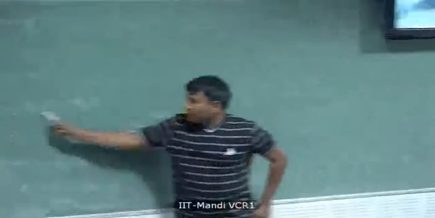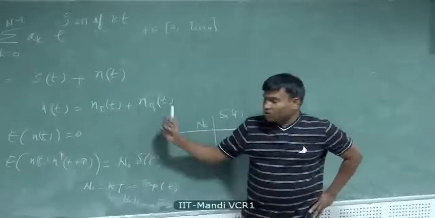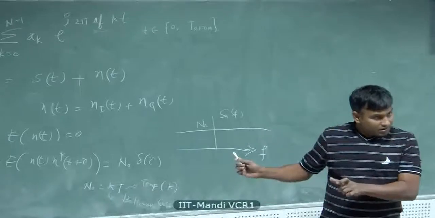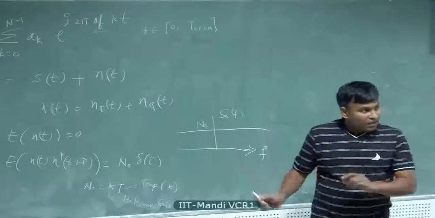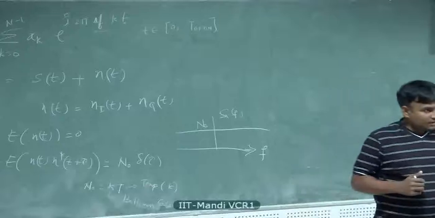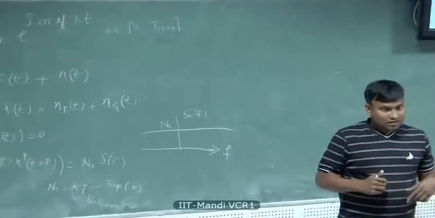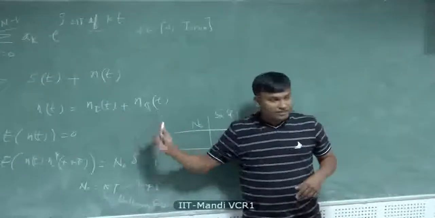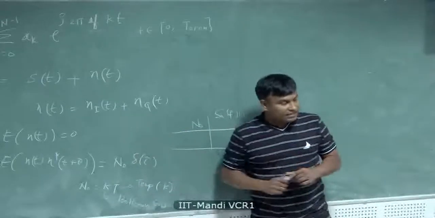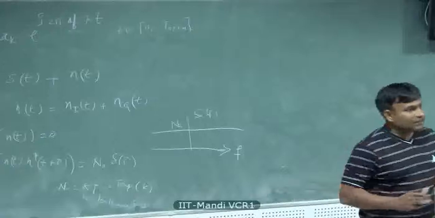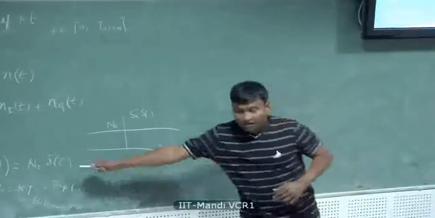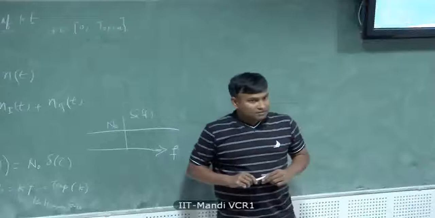Well, Ni of t and Nq of t are jointly Gaussian, and all these samples of Ni of t and Nq of t sampled at different intervals are statistically independent and zero mean, and each sample has a variance of N naught.